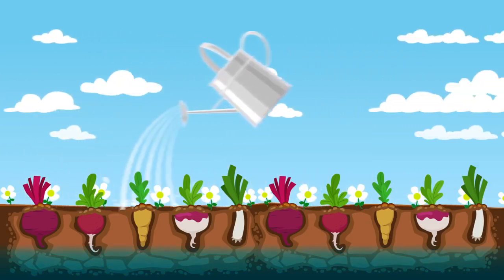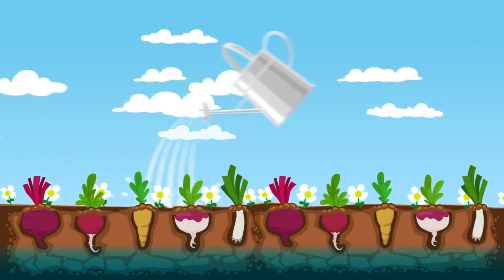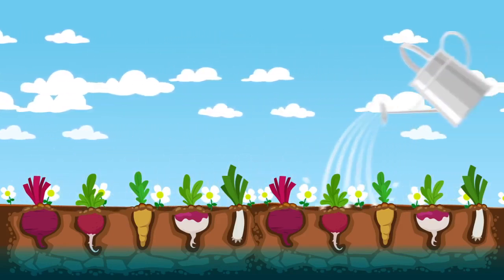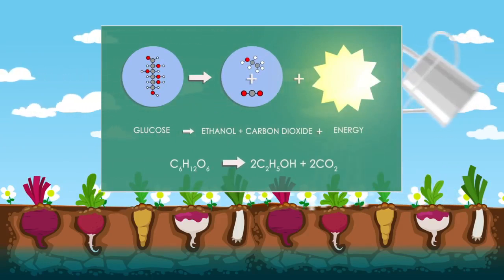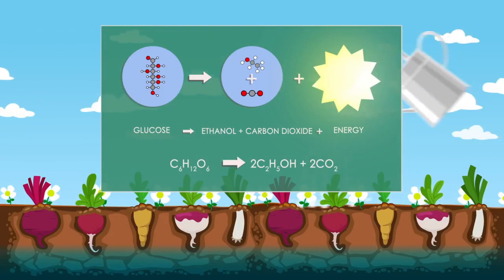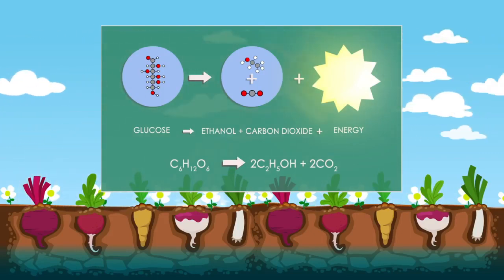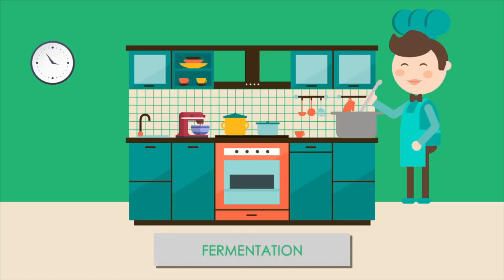This forces plants to carry out anaerobic respiration, as they too need to respire constantly. Here's a generalized anaerobic respiration equation for plants. Notice how instead of lactic acid being produced, ethanol and carbon dioxide are made instead. In yeast, this process is called fermentation, and it is used to bake bread and brew alcohol.